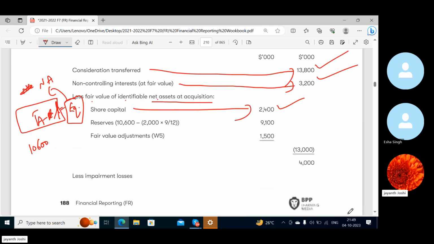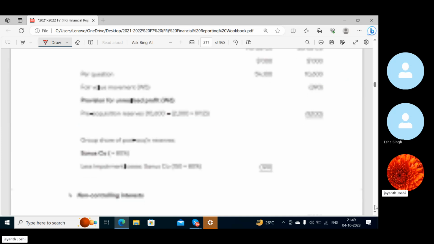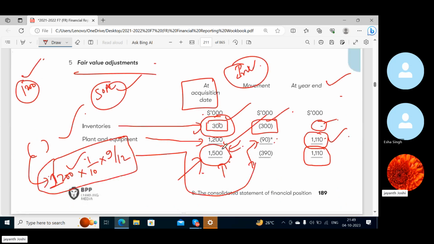So before going into all that, we will take this point here. This is what we have found out, the pre-acquisition reserves. Then fair value adjustments, already we have calculated here 1,500. You can see that 1,500 here at acquisition date.